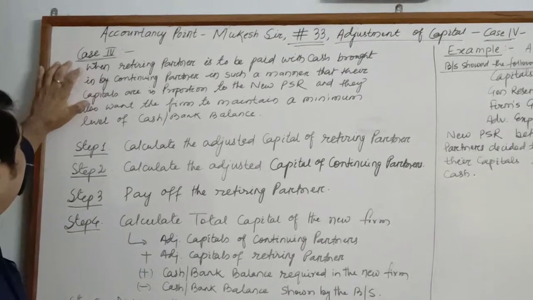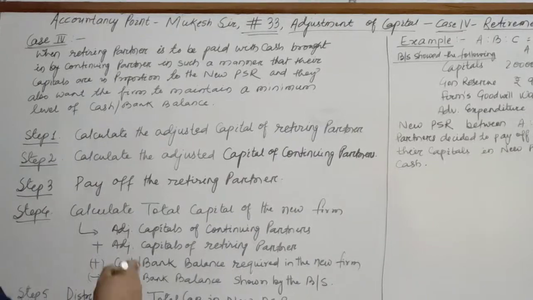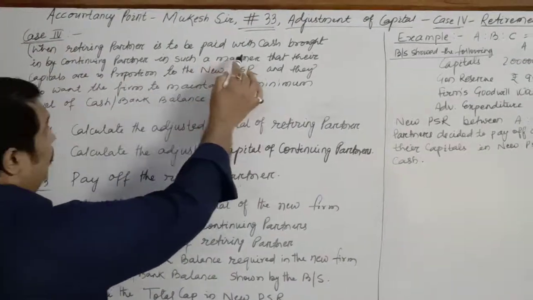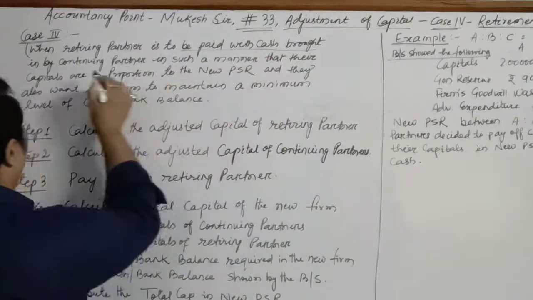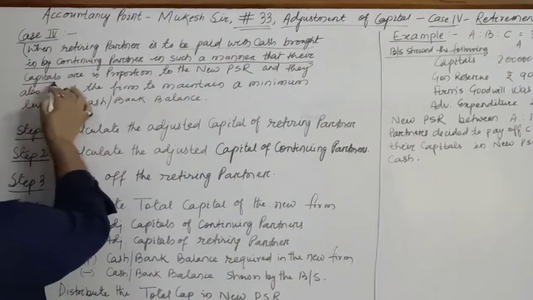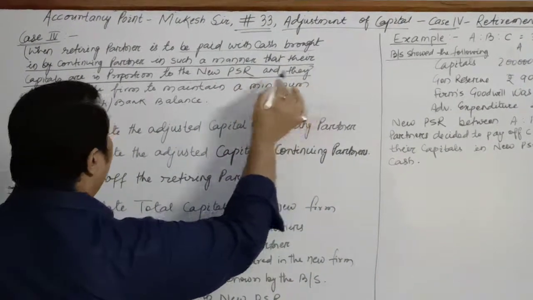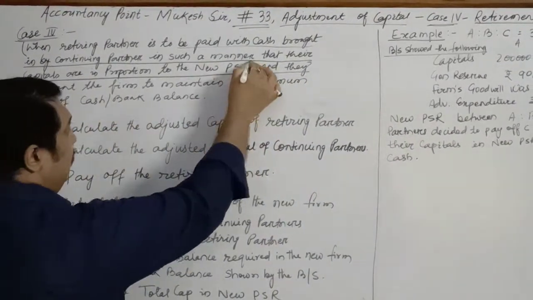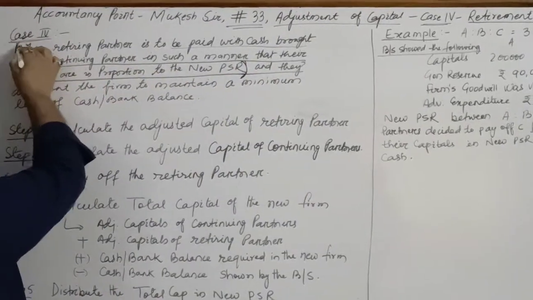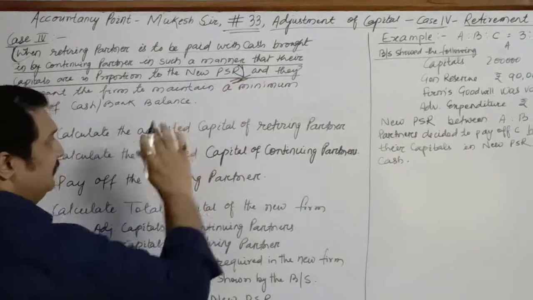Over here it is written that when a retiring partner is to be paid with cash brought in by continuing partners in such a manner that their capitals are in proportion to their new PSR, till here, this is case 3. So from here to here we are following the same thing.